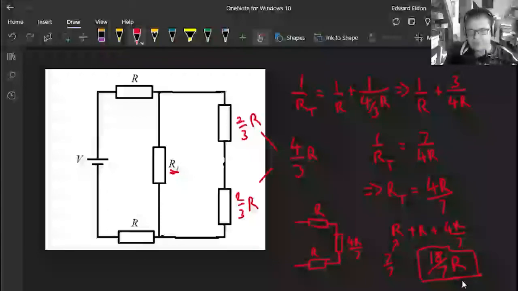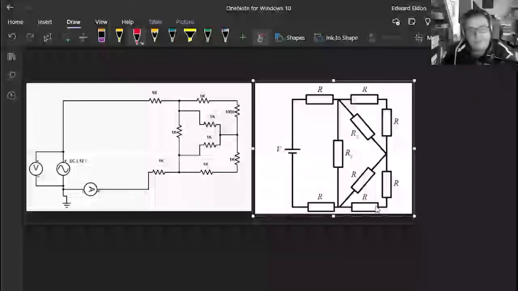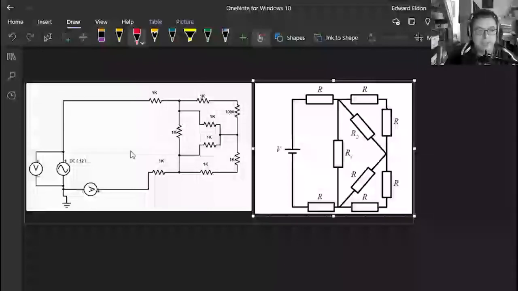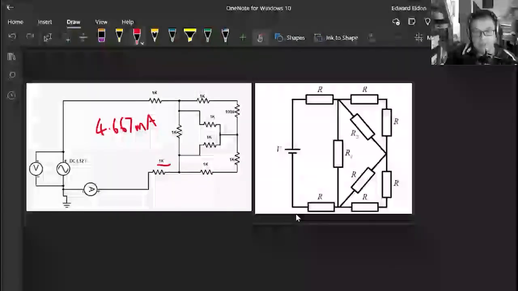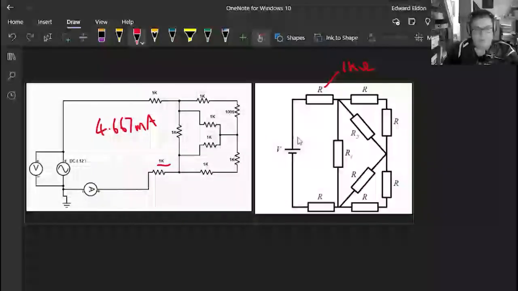But is that correct? Recapping then, you might recall that we started off by building a simulation circuit and getting a current of 4.667 milliamps flowing with the network. What I did in that was to set all the resistors to 1 kilo-ohm. So R in our diagram is going to be 1000 ohms. And the voltage was set to 12.